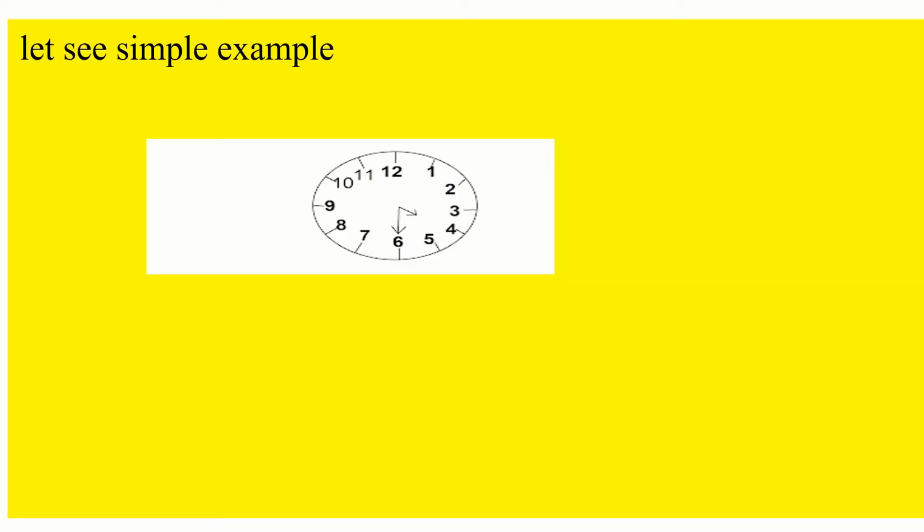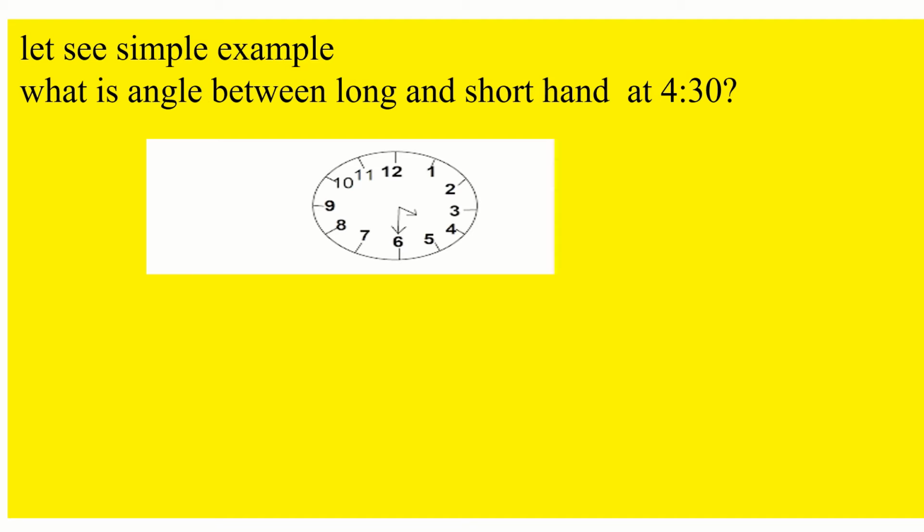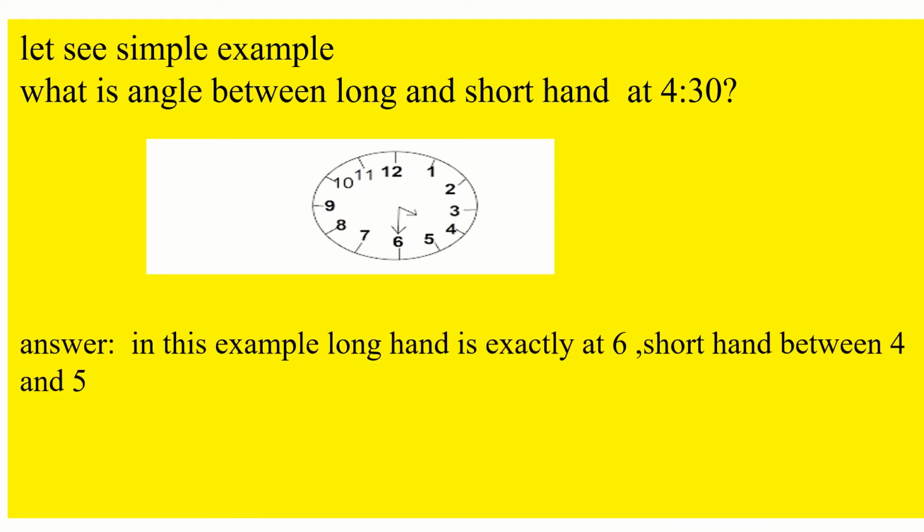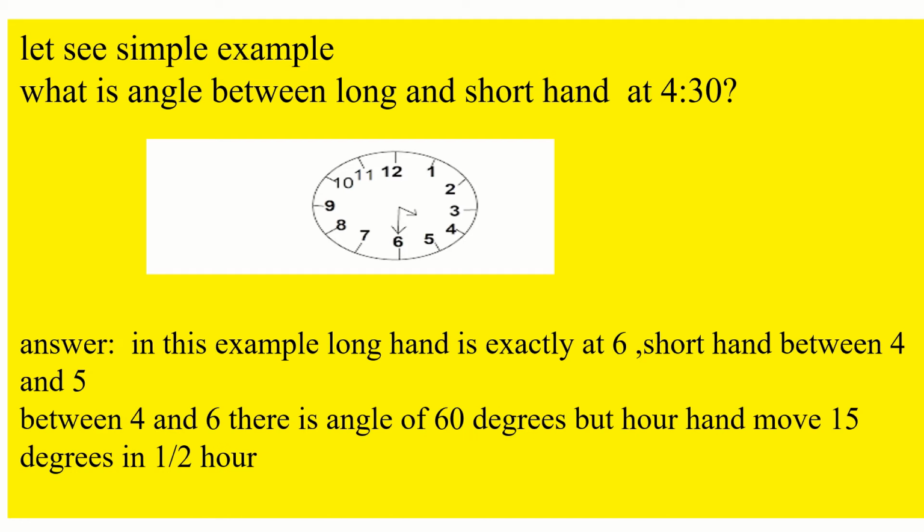First we will see a simple problem. Suppose the time is 4:30. 4:30 means the long hand is at 6 and the short hand is between 4 and 5. So for 4:30, what is the angle between the hands? Between 4 and 6, there is an angle of 60 degrees.